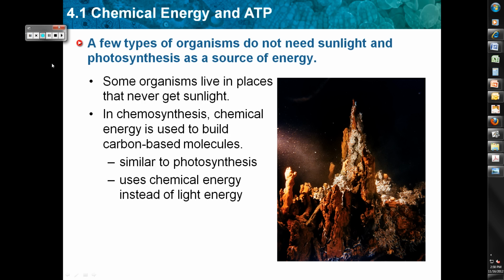Okay, not every organism gets their energy from sunlight, and not every organism uses photosynthesis as the basis of their ecosystems. Here's a picture of a deep sea vent, maybe a mile or 2 miles under the ocean. Deep sea vents, as you may know, are thermal vents, so hot and sulfuric type energy. There's a lot of heat and also sulfur and other chemicals that come up from these deep vents from deep in the ground, from the magma that's heated up deep inside the earth.